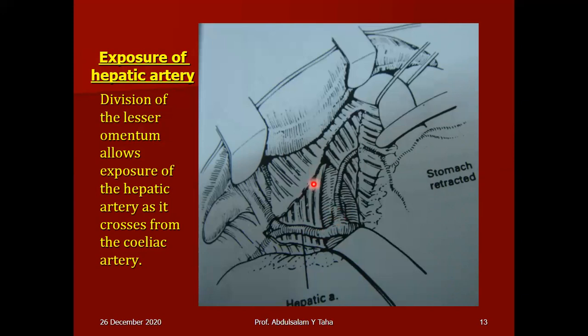You may divide the crura of the diaphragm or not, depending on your goal. For example, in trauma, if you are bleeding and you want to put a vascular clamp on the upper abdominal aorta, division of the crura is important so that you can put a clamp on this segment of the aorta. So that is exposure of the hepatic artery.